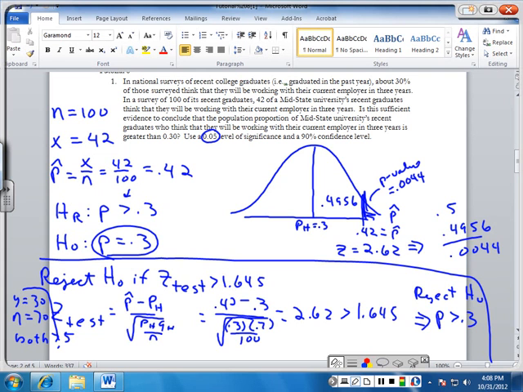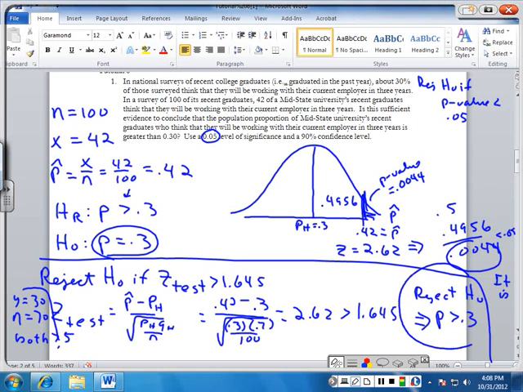Okay, so when you're doing the p-value, one thing you want to do is draw the sampling distribution. You can also do the decision rule. Reject H0 if p-value is less than 0.05. It is. 0.0044 is less than 0.05.